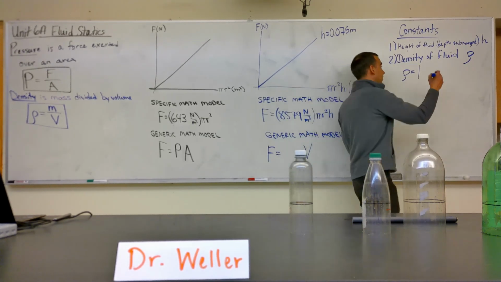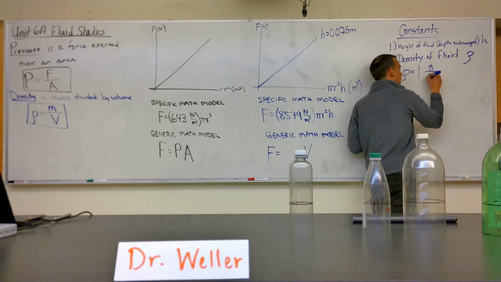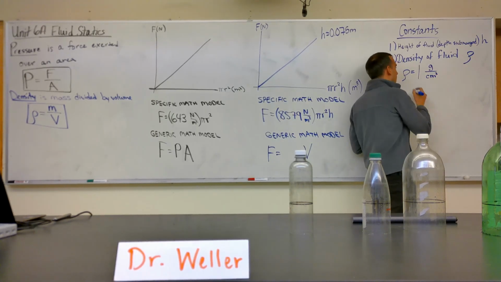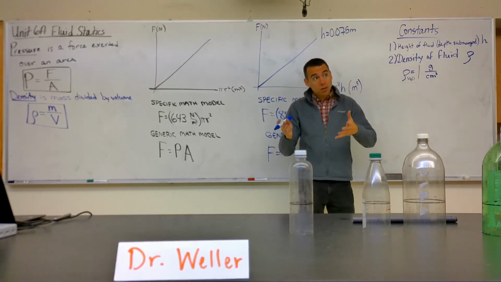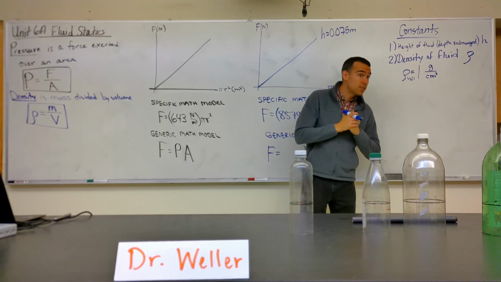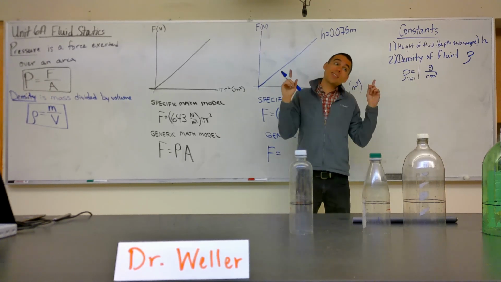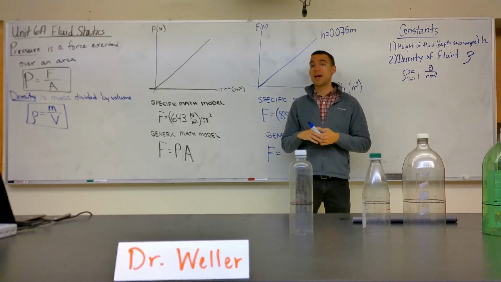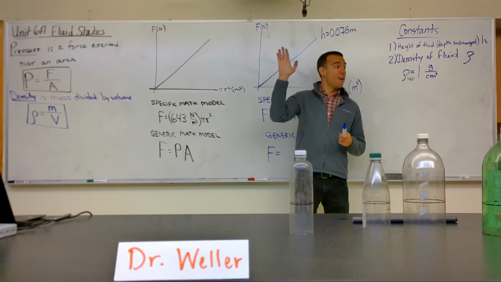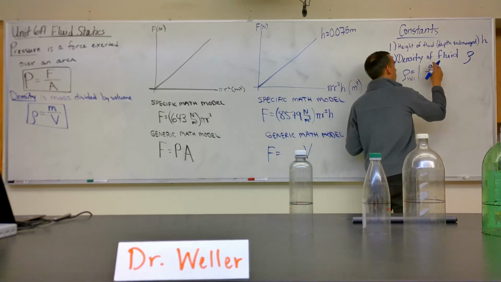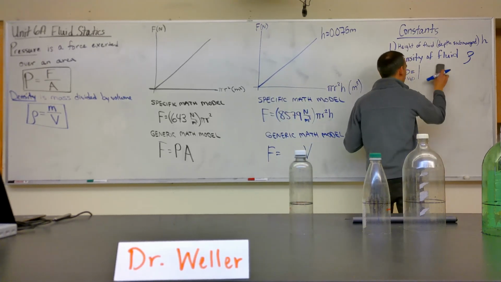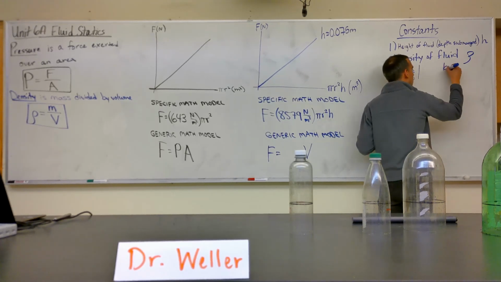Gram per cubic centimeter. You want that in SI units? Thank you for heading me off. 1 gram per milliliter is the correct density for water, but it's not in the standard units. So in SI units, what should the SI units be? Alex? Kilograms per meter cubed. Kilogram per meter cubed is what we need this to be in.